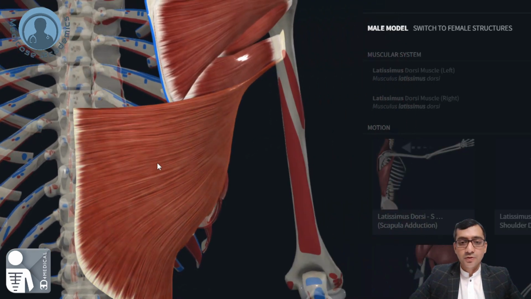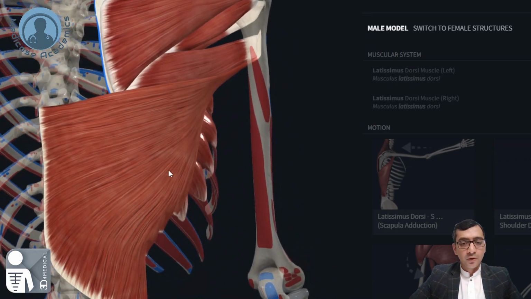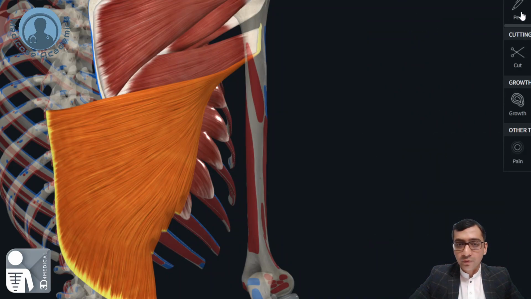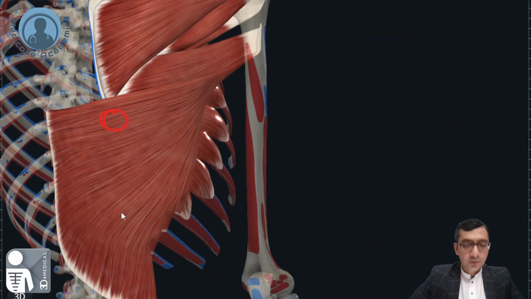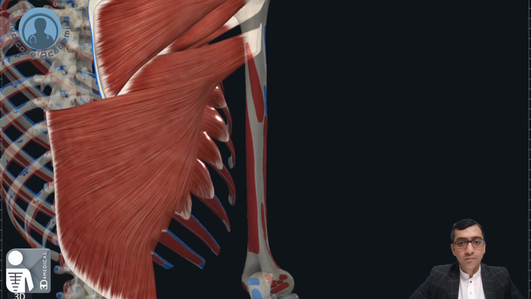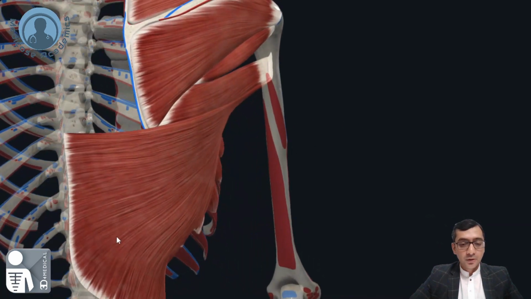This is the latissimus dorsi, a big muscle originating from the back and going all the way here. It covers the inferior angle of the scapula, and then it gets inserted into the shaft of the humerus, right here. So this is latissimus dorsi.